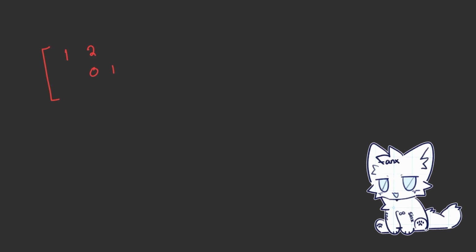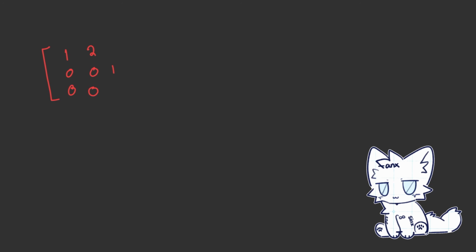Let's say you have a matrix 1, 2, 1, 0, 0. Okay, let's say you have this matrix. Would you classify this as reduced row echelon form or something else?